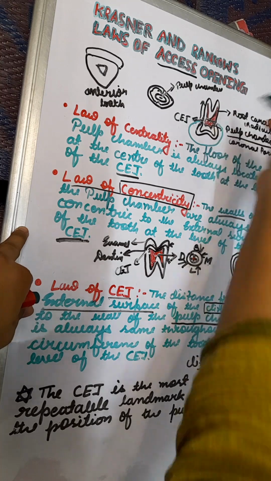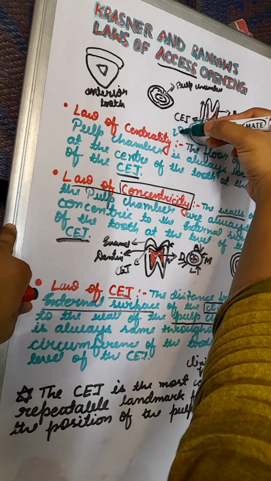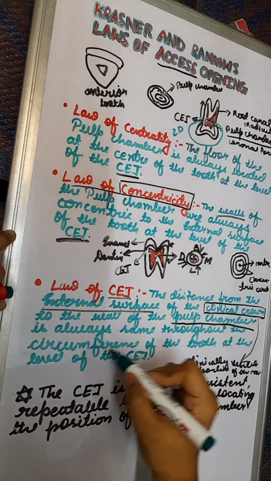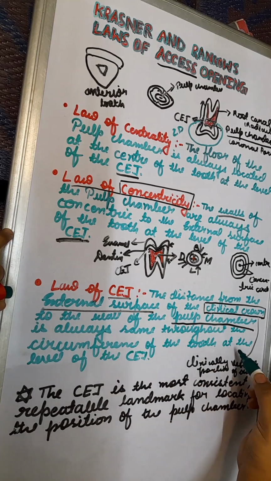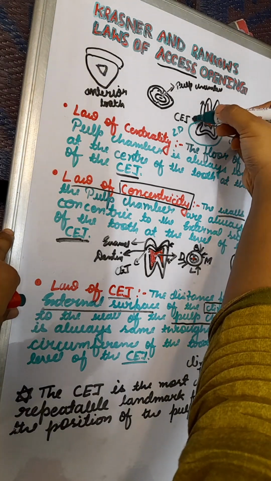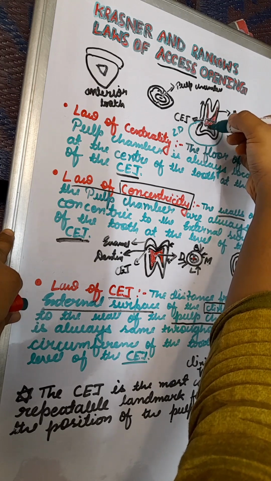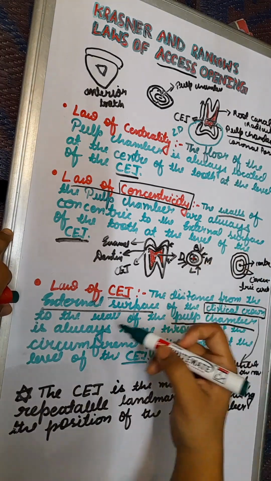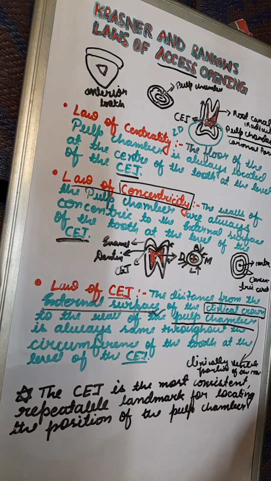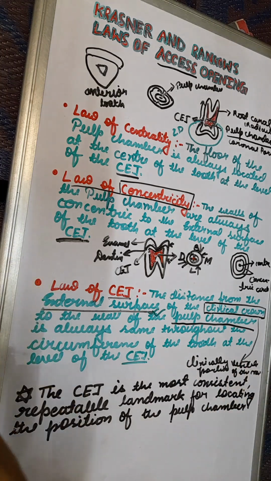We are talking here about a two-dimensional image of the tooth. It is always the same throughout the circumference at the level of the CEJ. There could be mesial, distal, buccal or lingual walls, and the distance from the external surface of the clinical crown to the wall of the pulp chamber is always the same throughout the circumference of the tooth at the level of the CEJ.